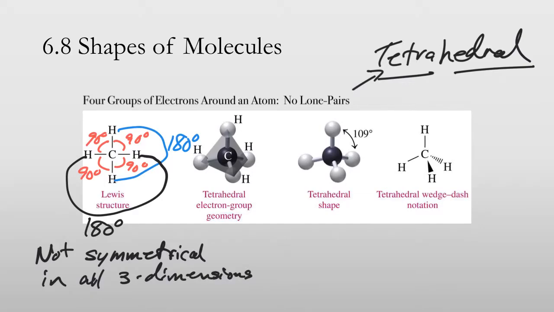What we're looking for is symmetry in all 3 dimensions, and the tetrahedron gives you that. Now, it's hard to see in this 2-dimensional plane, you're looking at a picture that's trying to look 3-dimensional, but all of the angles are 109.5 degrees.